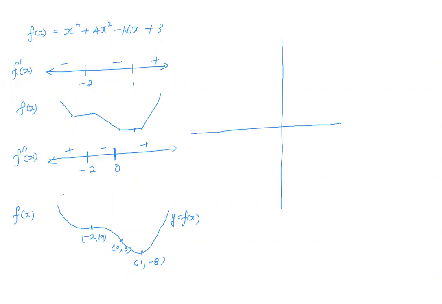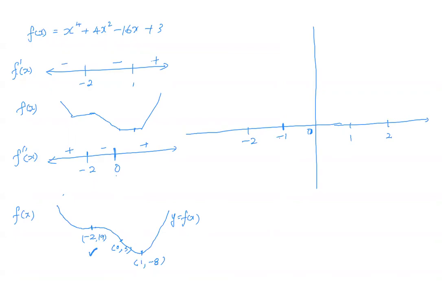I let my y come over here a little bit. So you roughly know how the graph will go already. So 0, -1, -2, 1, 2.